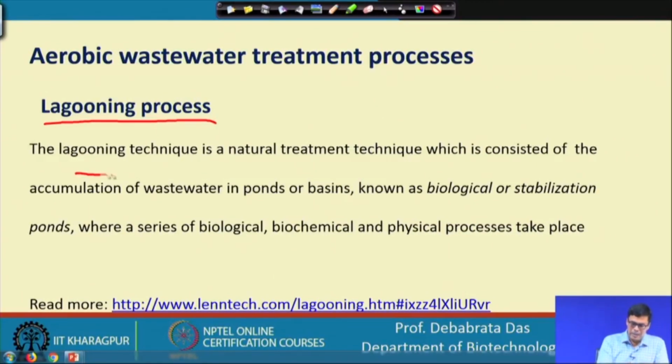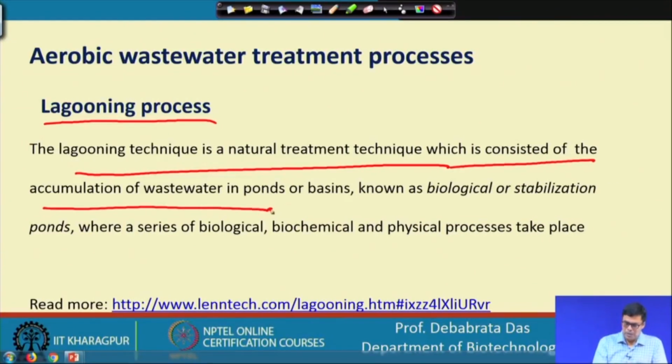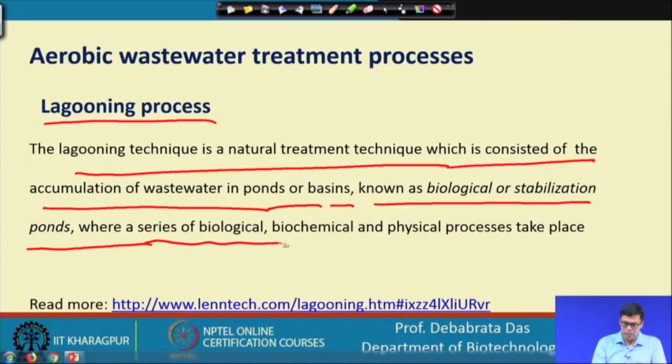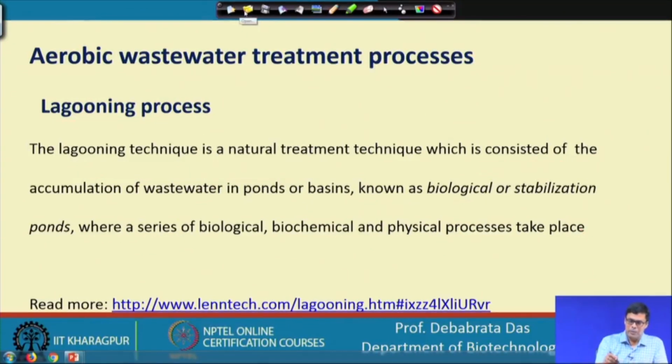So, lagooning is a natural treatment technique consisting of the accumulation of wastewater in ponds or basins known as biological or stabilization ponds, where a series of biological, biochemical and physical processes take place.